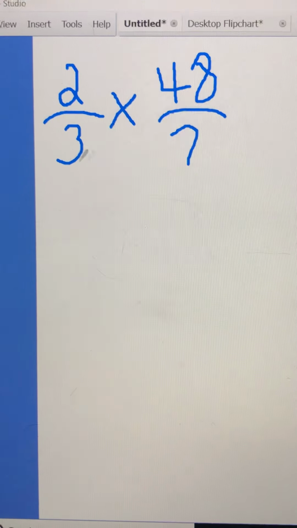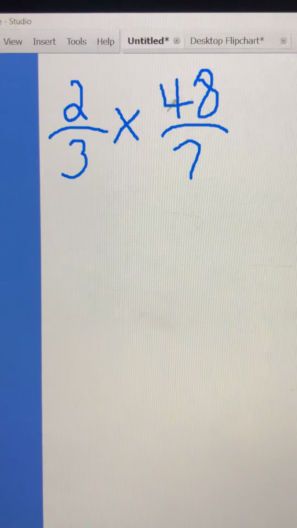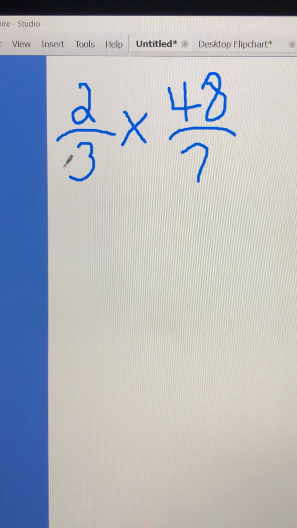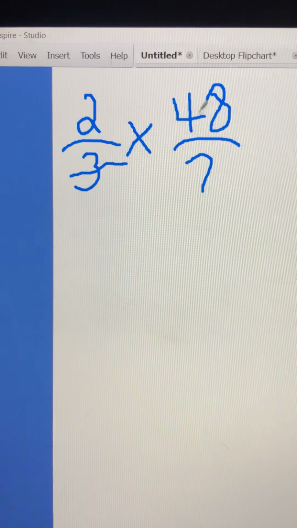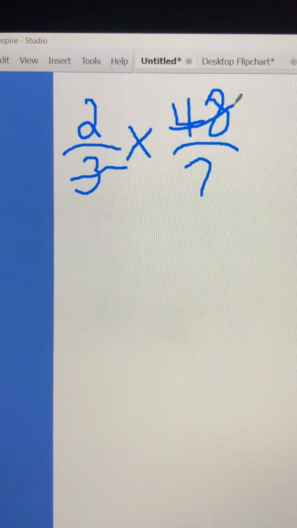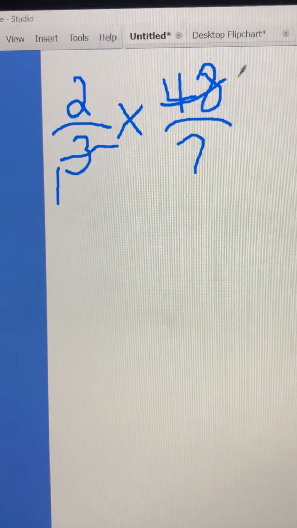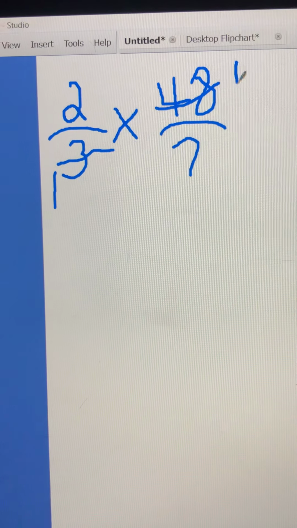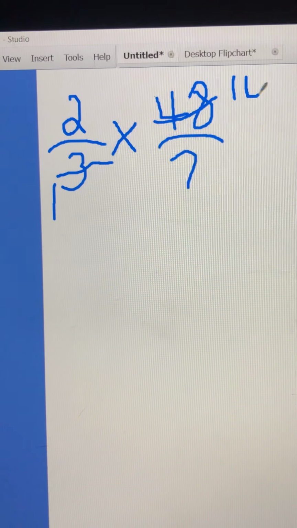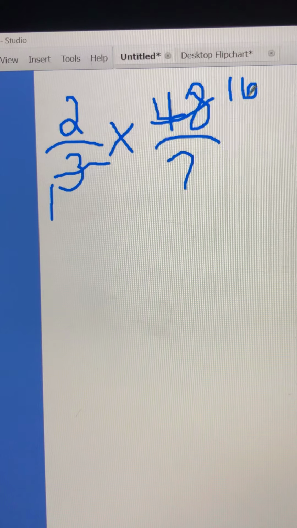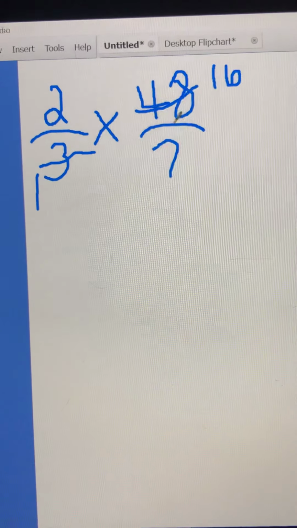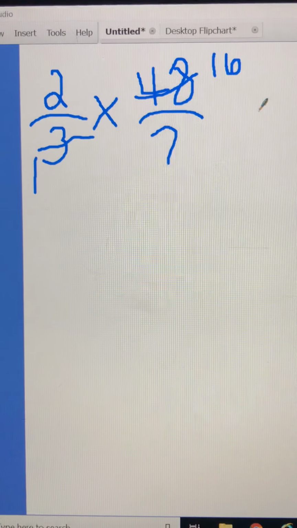So therefore, 3 is a factor of 48. So I can divide both of these by 3. 3 divided by 3 is 1. 48 divided by 3 is 16. The way I know that, 45 divided by 3 is 15. One more set of 3 is 16.